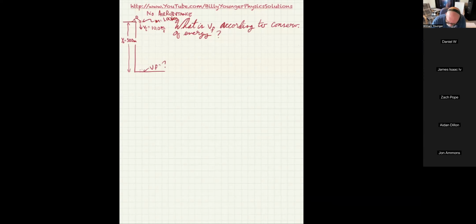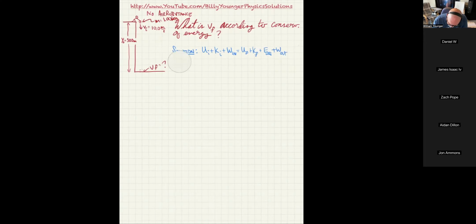So I'm going to start off with my conservation of energy equation. So we'll write solution. My conservation of energy equation is UI plus KI plus work in is equal to U final plus K final plus E loss plus work out, like that. So there's my whole equation.